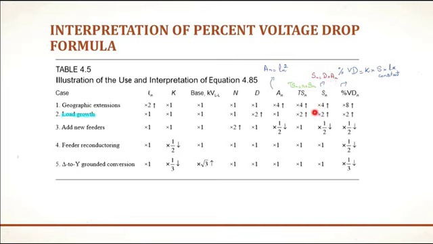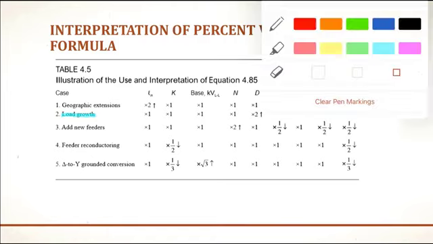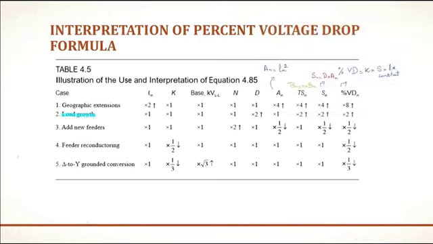And when S becomes double, definitely the total load served by all feeders will become double, as that is equal to the product of N into the load served by one feeder. So you can see that as a result of load growth, D is being changed, and due to the change in D, this factor is being changed.